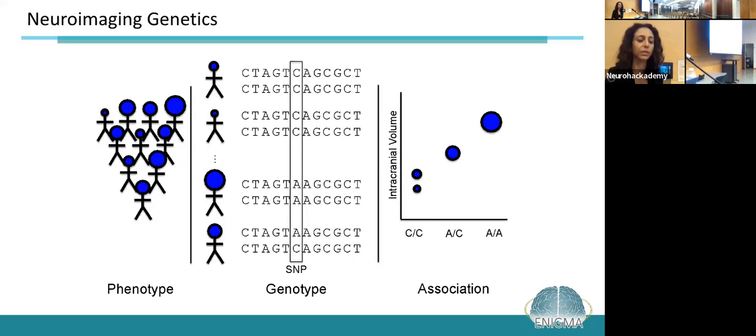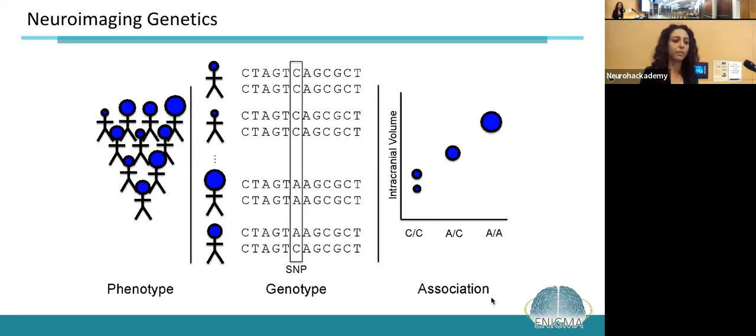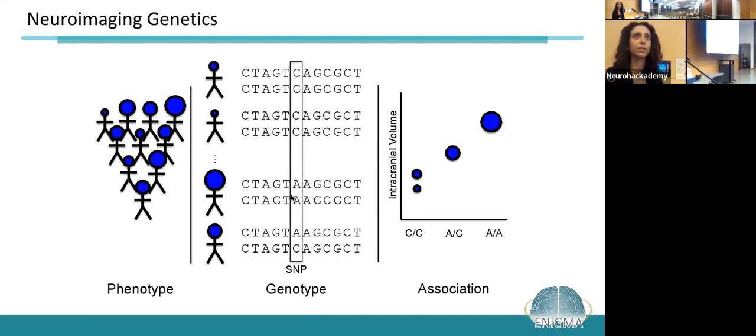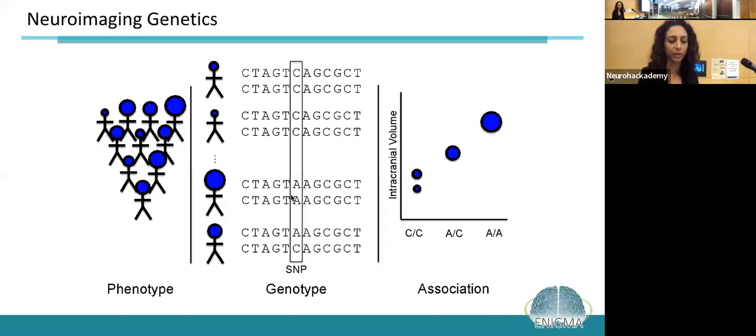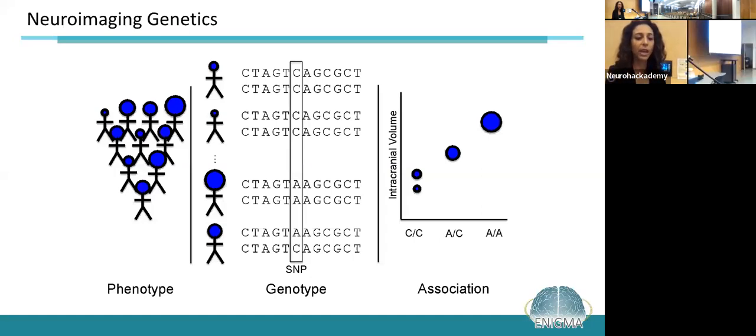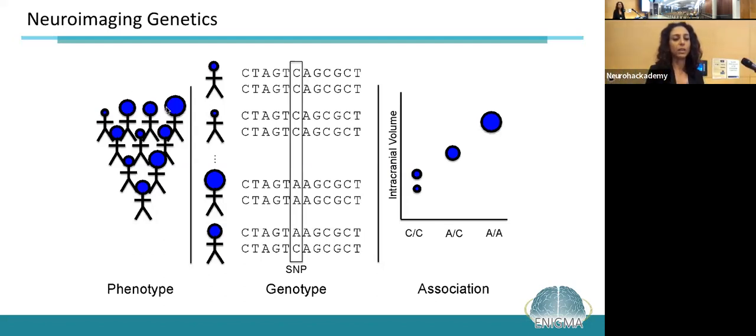An example of that: you take a trait derived from neuroimaging, let's say intracranial volume in this cartoon, and you associate that through just a linear regression with the genotypes of that individual at that particular marker. And then if you do this genome-wide, you're making one association with one trait across all genotypes.